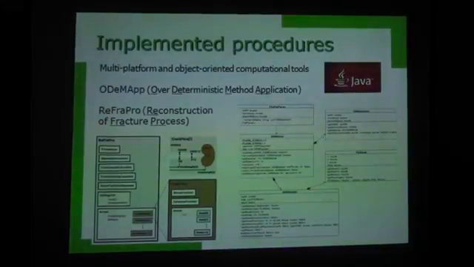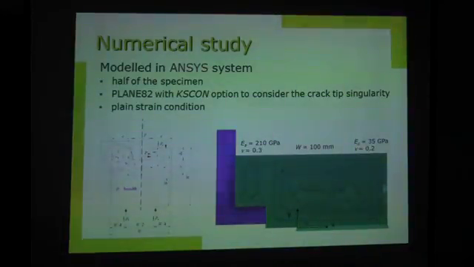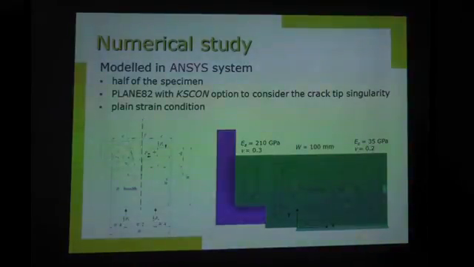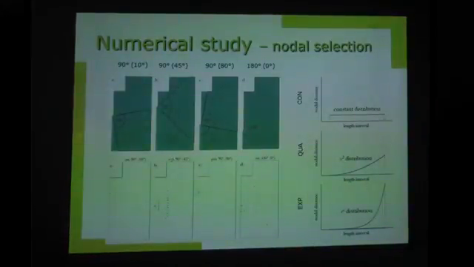So we performed a numerical study. We used this splitting test, but it can be run on arbitrary geometry, and we used ANSYS, in which we built a very dense mesh, and a technique was implemented in the post-processor of ANSYS which enabled us to specify how the nodes are selected from the model, whose results are used as inputs into the over-deterministic method.